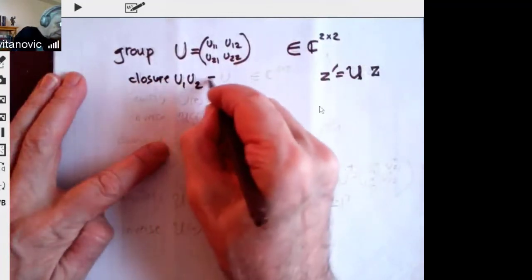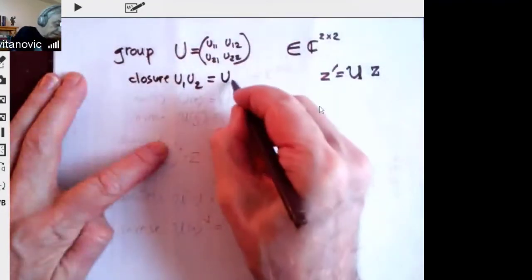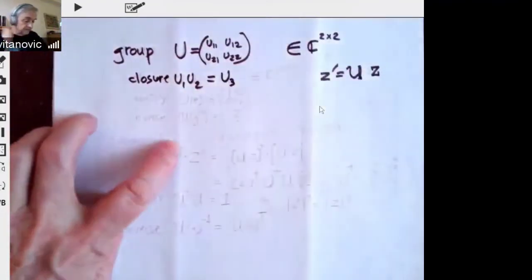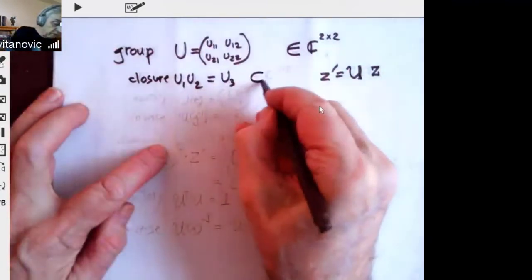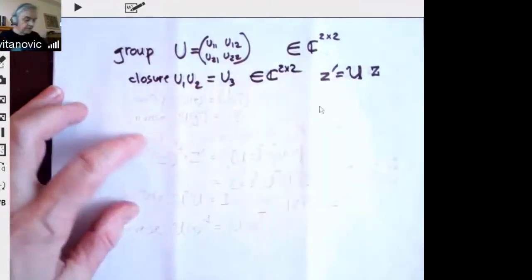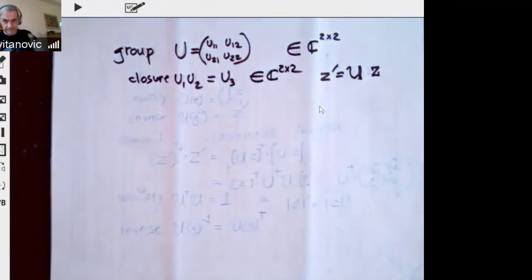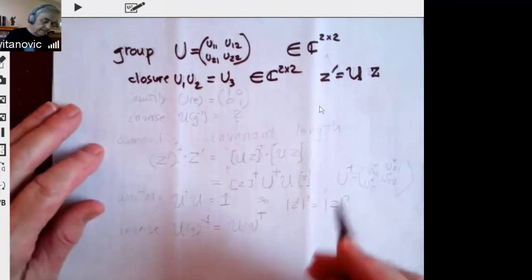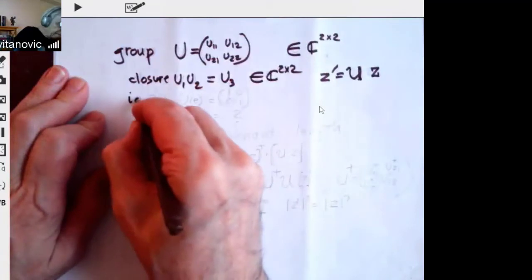these matrices, I multiply it out, I get another matrix, call it U3, and that's just full of complex numbers, so no problem there. It has this property that a group multiplication, because it's a matrix representation, is just matrix multiplication, no problem. And if you multiply 2 matrices, you get something in the same definition of the group, in this case, complex numbers.